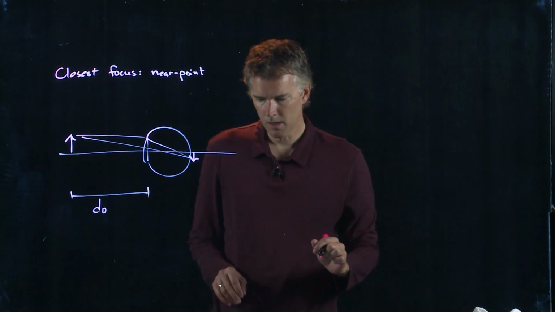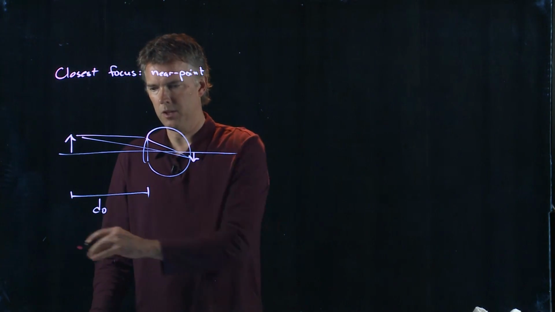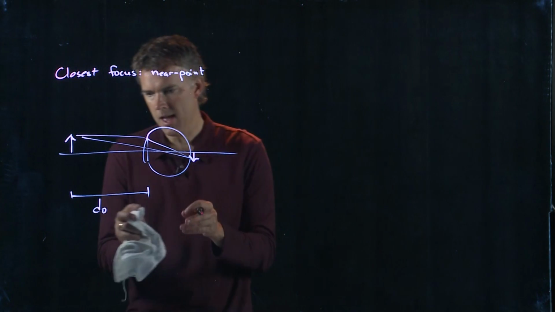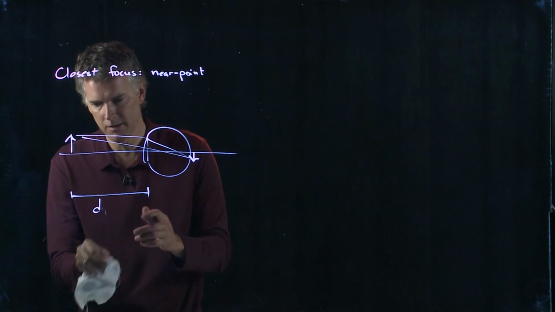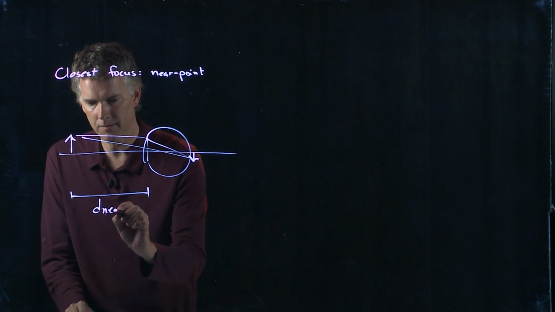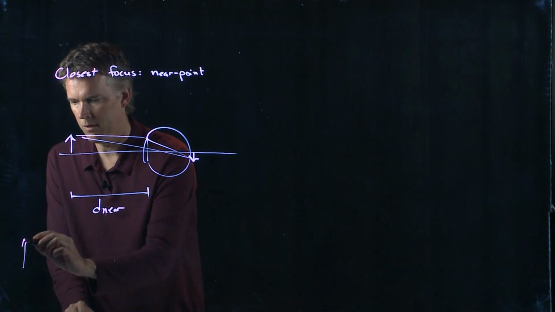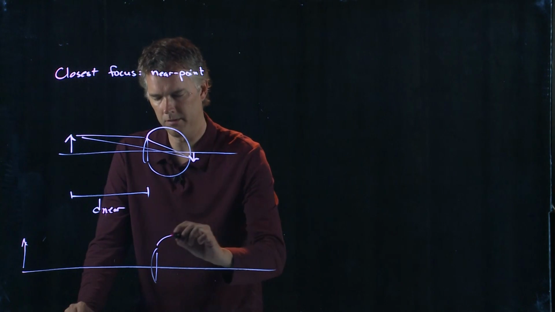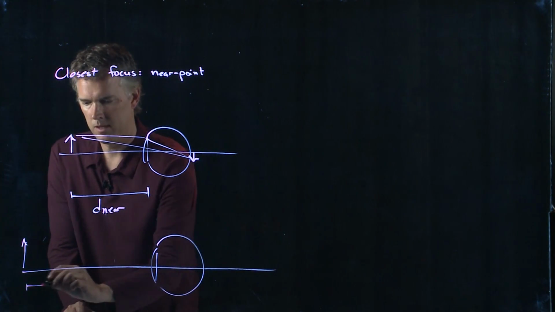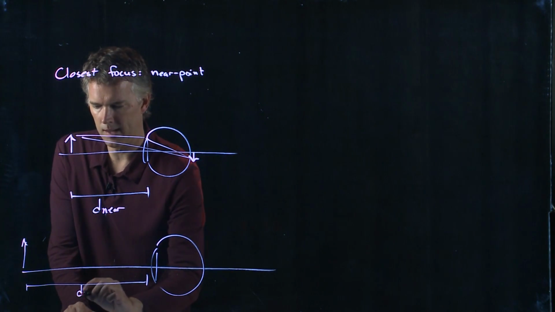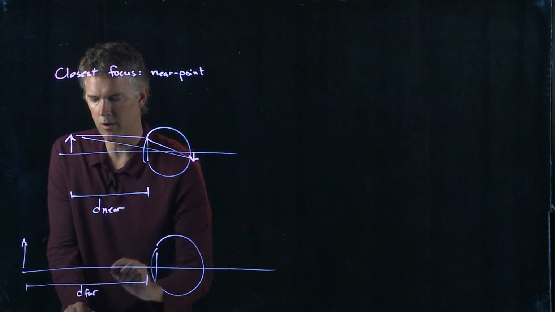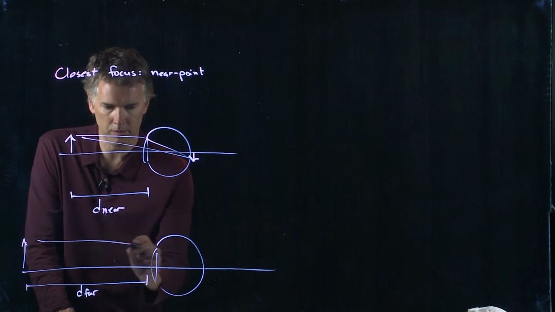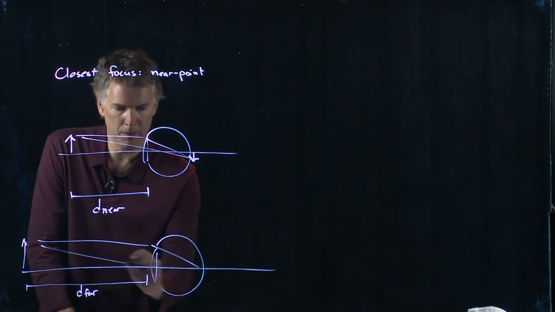The farthest distance that you can measure is, of course, called your far point. And for normal eyes, that is infinity. But if your eyes are not normal, then it's some other distance. And it's always relative to the lens of your eye. So this would be the far point, and that would come into focus on the back of your eyeball as well.